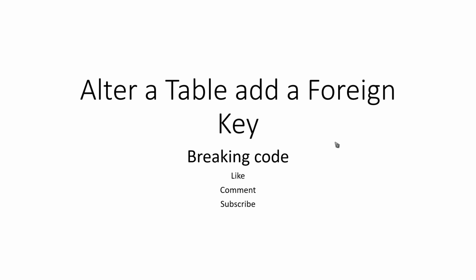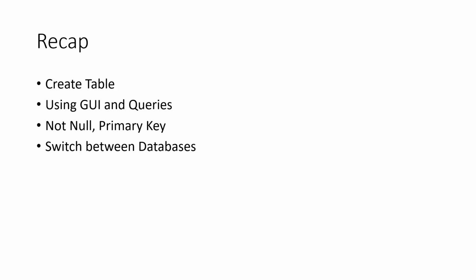Okay, let's recap. In the last video we looked at how to create a database table and its columns. I showed you how to use the GUI, graphical user interface, to create a table with columns, selecting the relevant data types, giving it some additional constraints such as not null or a primary key.